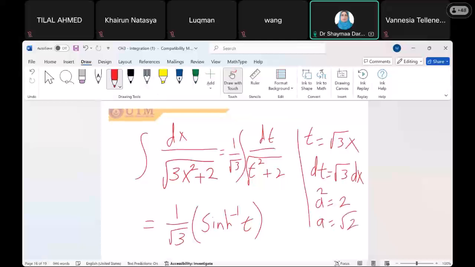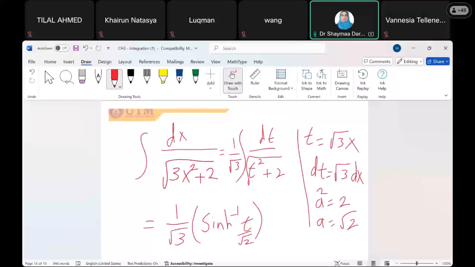That means sine inverse of x over a, t over square root of 2.